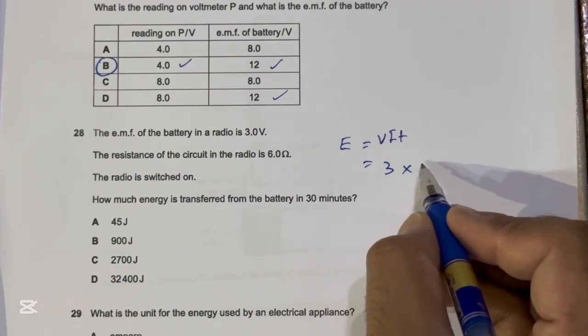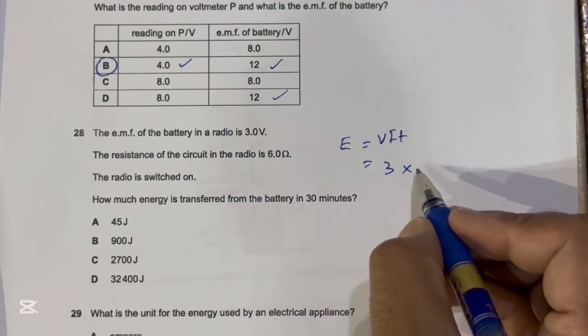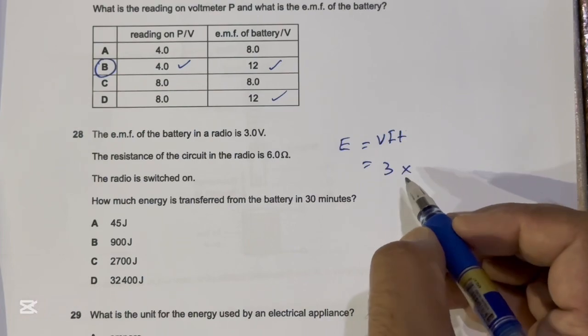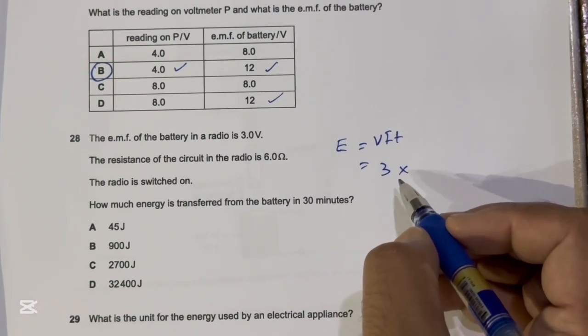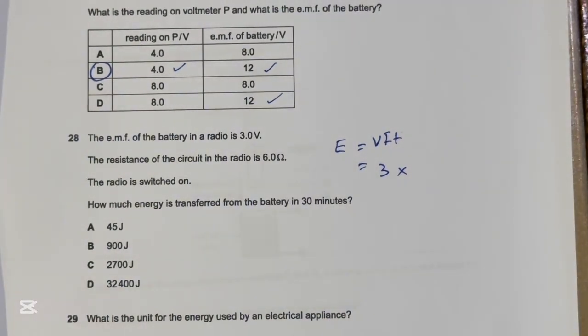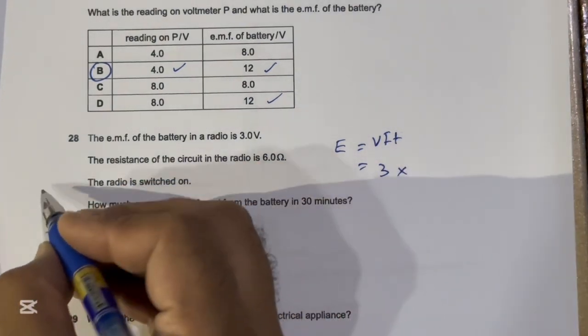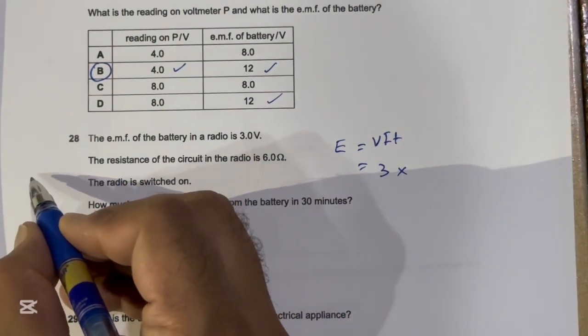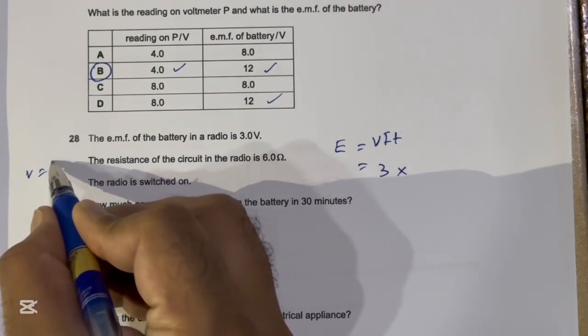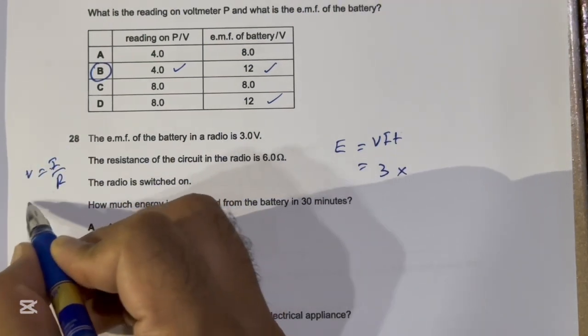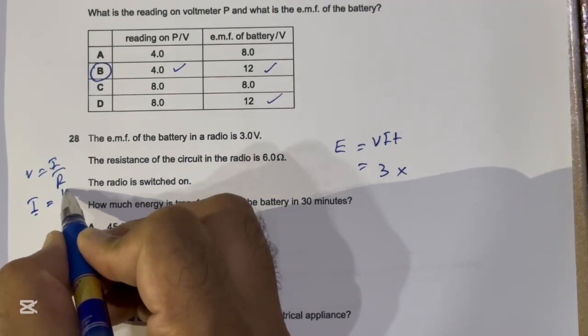The value of current is not given, so we need to find it. We can find it by Ohm's law. V is equal to IR, then I is equal to V by R.